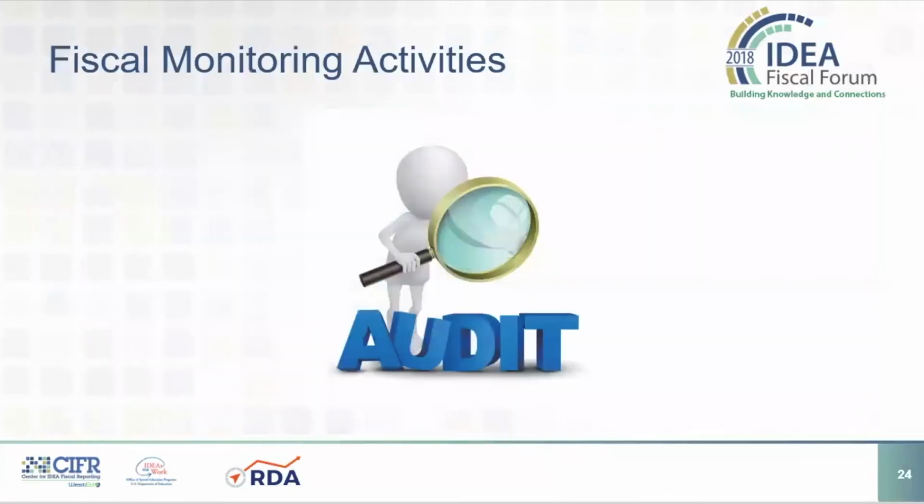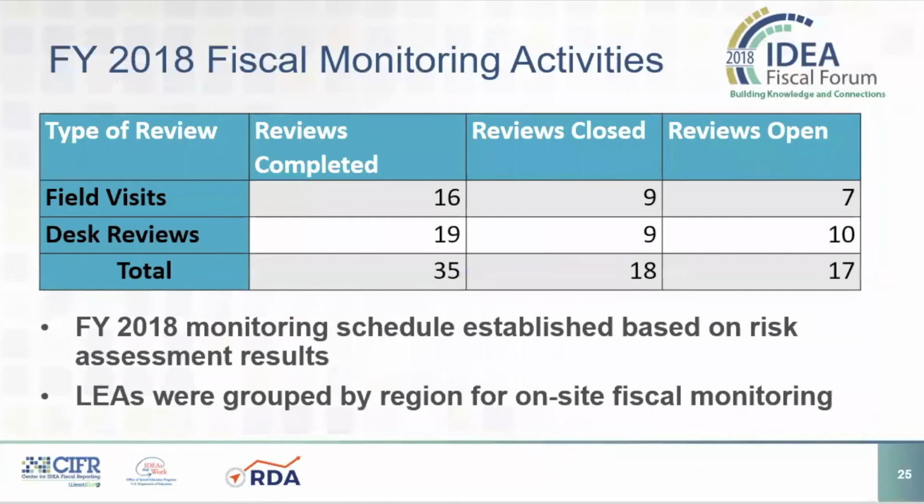So now let's talk about our fiscal monitoring activities. Like I said, we were able to come up with a realistic fiscal monitoring schedule for FY 2018, and we were able to complete 16 field visits. As of today, 9 of them are closed, and we still have 7 outstanding.